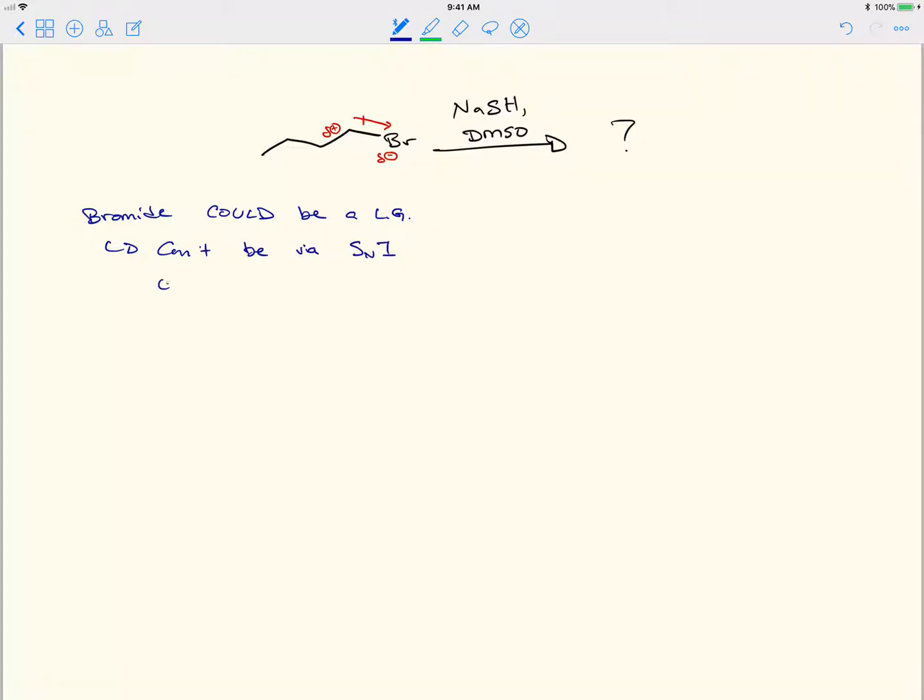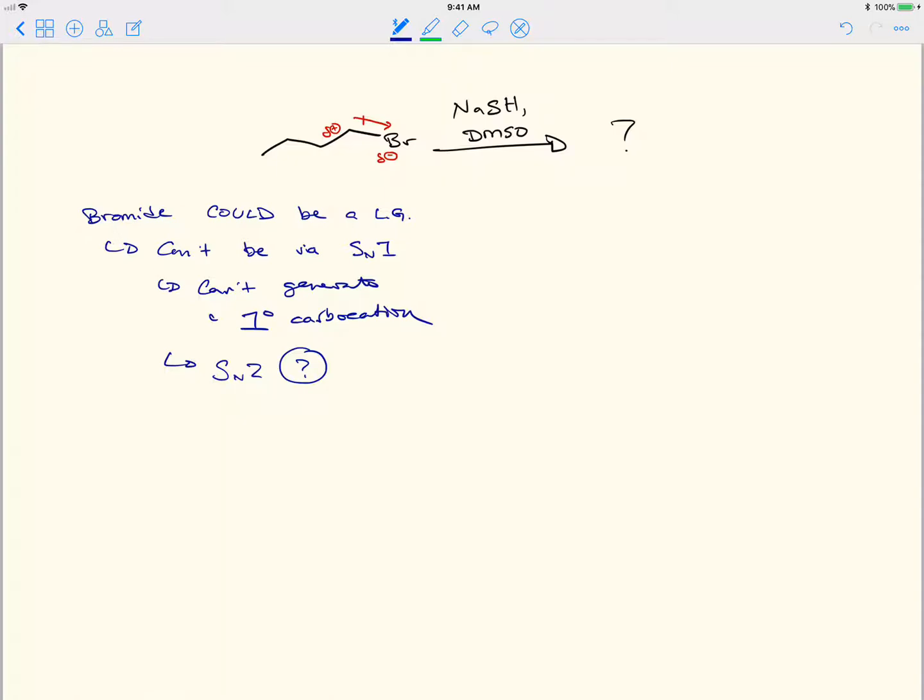And that's because, why is that? Because you can't generate a primary carbocation. So this leaves me with, well, could I do SN2? Since it's a primary position, yes, we could do SN2.